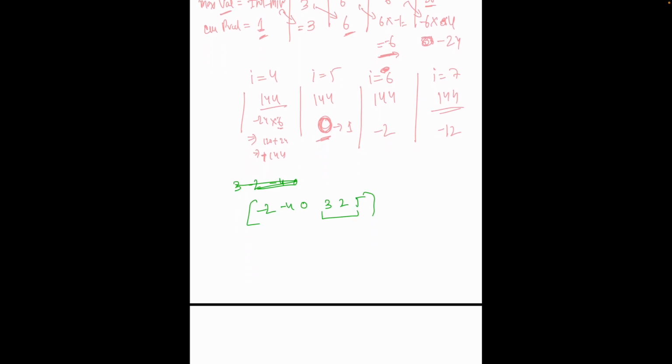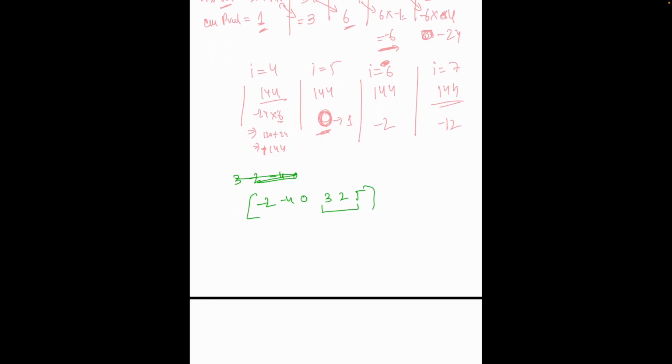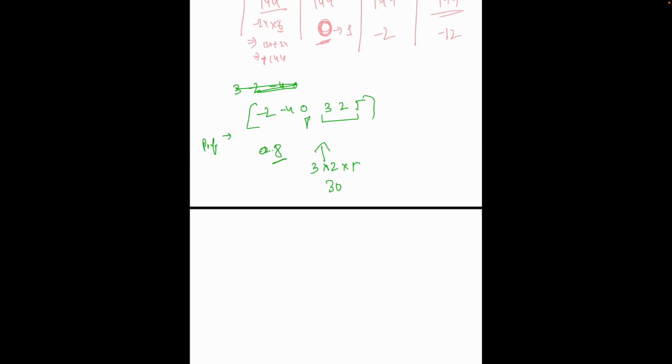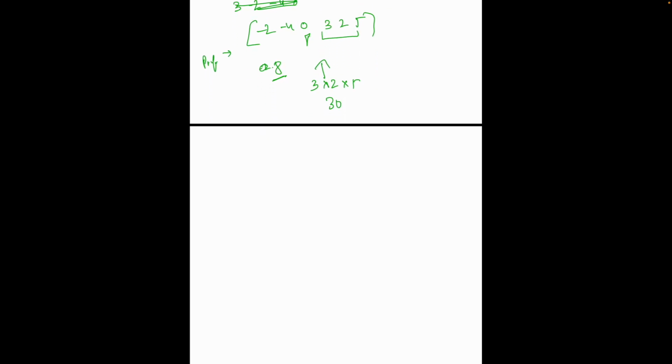If we follow the prefix method, minus 2 will be the max value, then it will become 8, then it will stay 8 when it's here, then it will become 3, then multiply 2, multiply 5, this will become 30, and then we should replace that. Yeah, so okay, let me code this algorithm for you guys now.